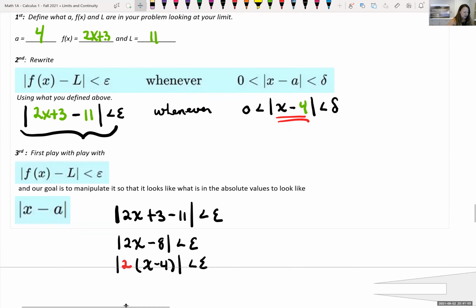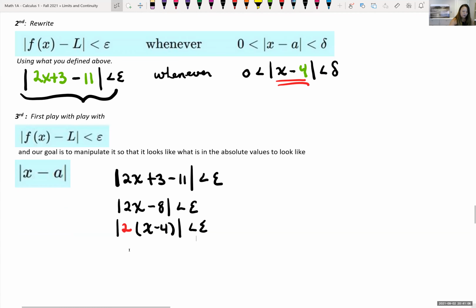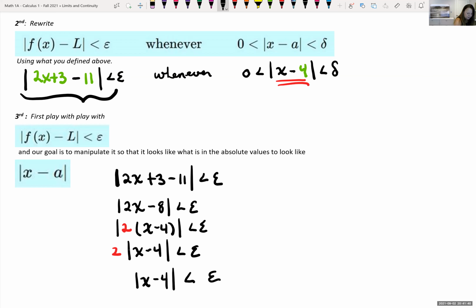And since 2 is a positive number, we can pull that outside of our absolute value symbol. So it's the same thing as 2 times the absolute value of x minus 4 is less than epsilon. So we have what we wanted inside the absolute value symbols. We just want to get rid of the 2. And so we're going to say that the absolute value of x minus 4 is less than, let's divide both sides by 2, epsilon over 2.